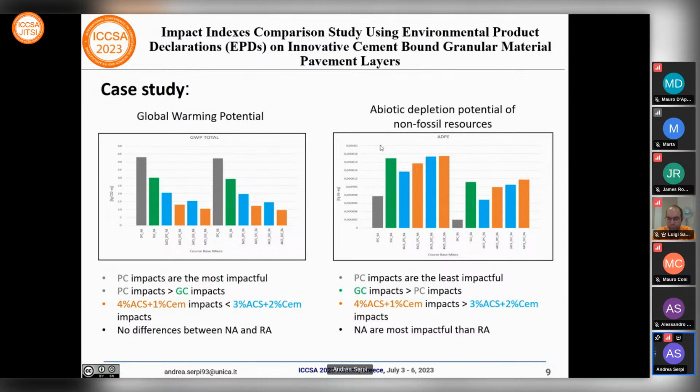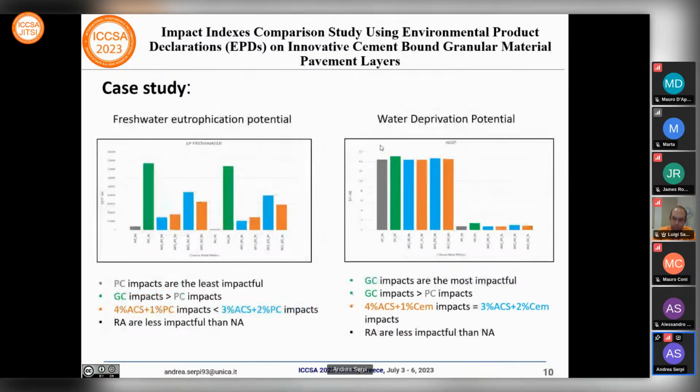For the following index, abiotic depletion potential of non-fossil resources, we can see that Portland cement impacts are the least impactful, and green cement impacts are greater than those of the Portland cement. In this case, the 4+1 combination is more impactful than the 3+2, and natural aggregates are more impactful than recycled aggregates.